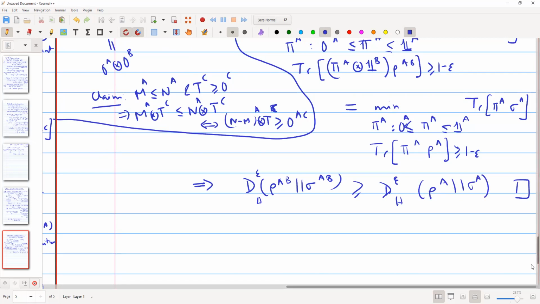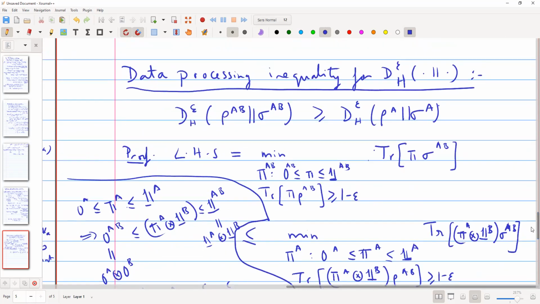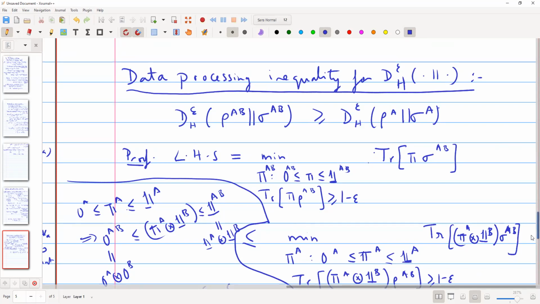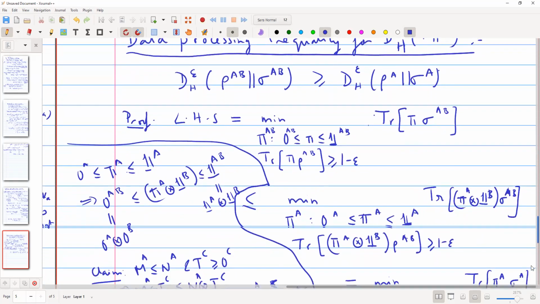So is this clear? So this is the power of writing this entropic quantity as an optimization problem. So the data processing just boils down to doing an optimization over a smaller feasible region.